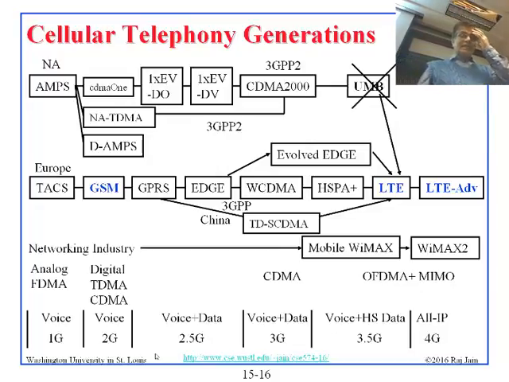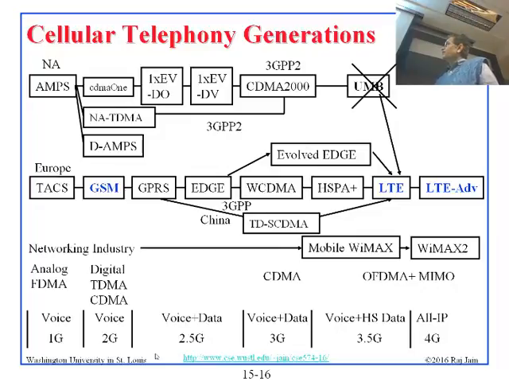And of course Europe is different. They started with TACS, PACS, and then quickly people moved on to second generation, and so on. The main differentiator between the generations is the technology and the workload.